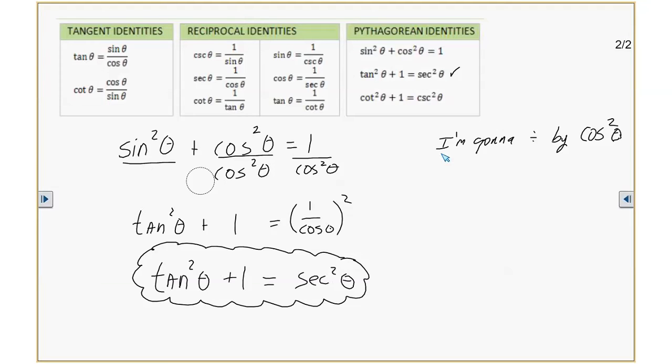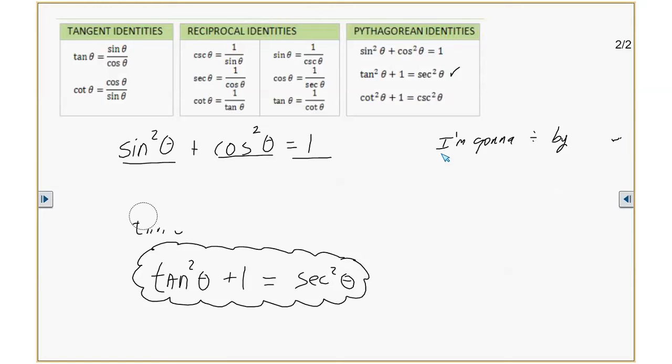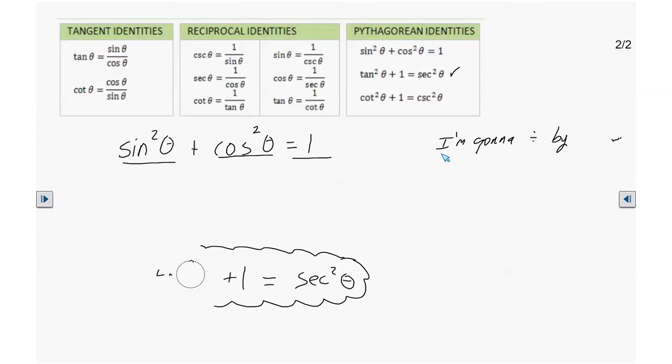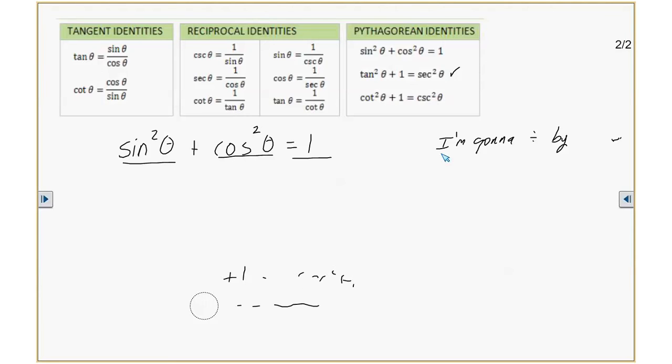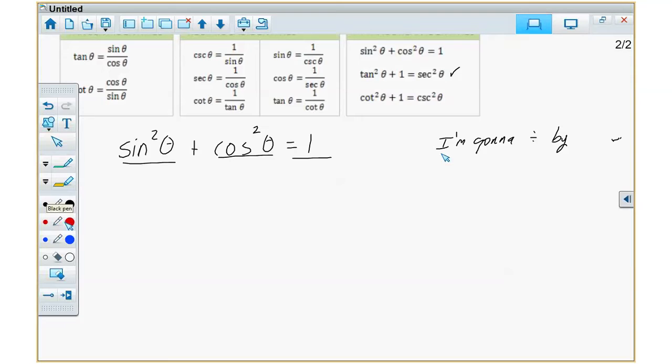So now I'm going to divide by, what did I say, sine squared? Okay. I complimented you, and now you're going to screw me over.